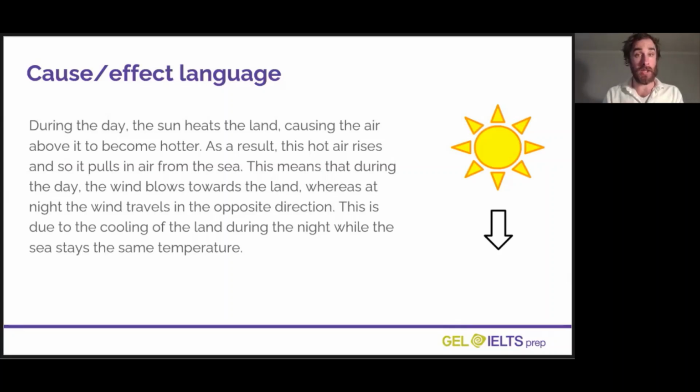This student has used some really good linking language to show the cause and effect. Look at the question below this video, and from the list, can you choose the 5 examples of linking language of cause and effect that this student has used in their paragraph? Choose the correct options from the list.